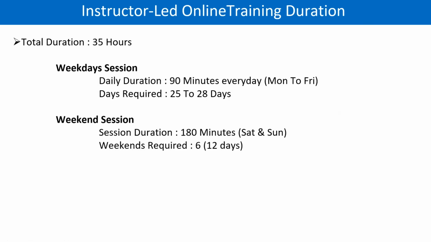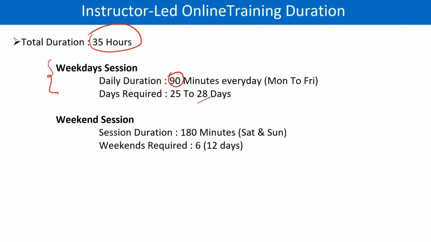The total duration of this training is 35 hours. First, the weekday session. Every day we will do a 90 minute, 1.5 hour session, Monday to Friday. It's going to take 4 weeks to finish all the topics. Within 1 month we will be able to finish all the topics we mentioned in the course content.